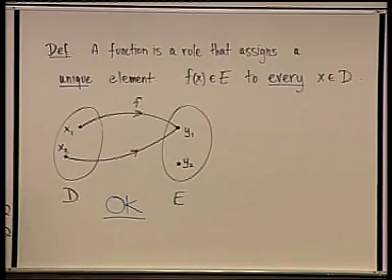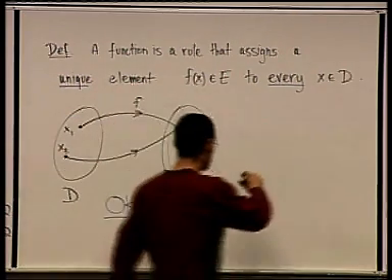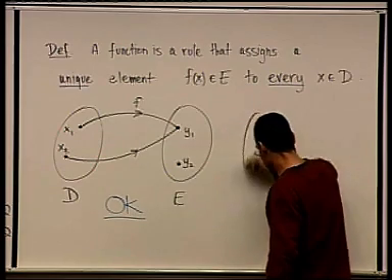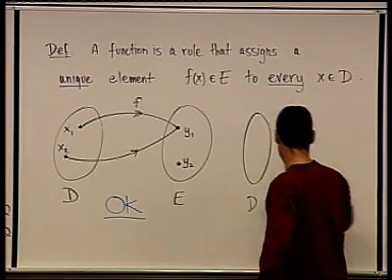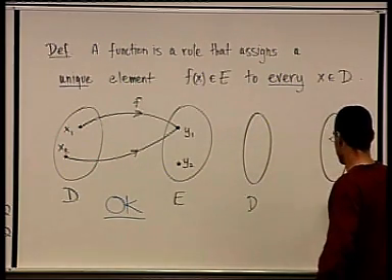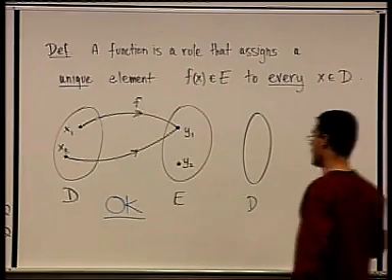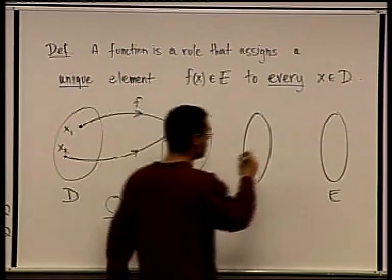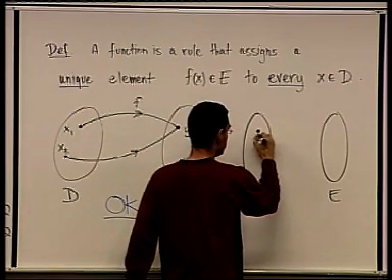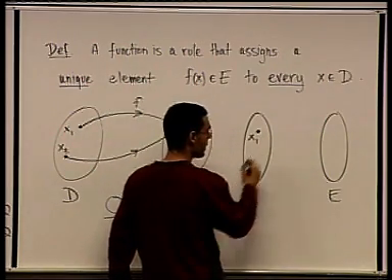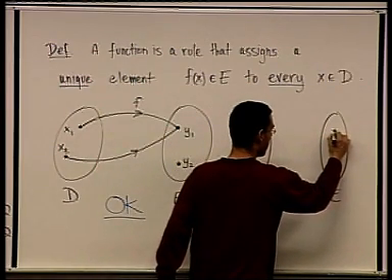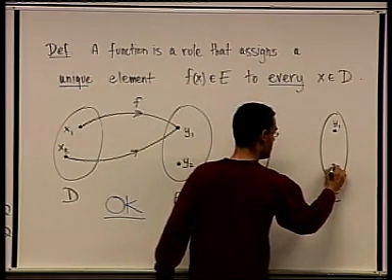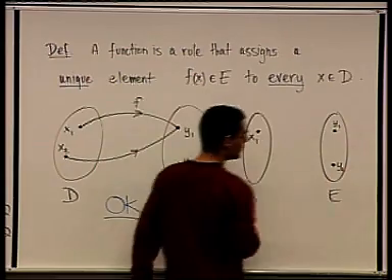There are things that cannot happen. For example, so here's potato D, and here's potato E. They went on a diet so they can fit on the board. Suppose we have x1 here, and suppose we have y1 here in the range and y2 here in the range.